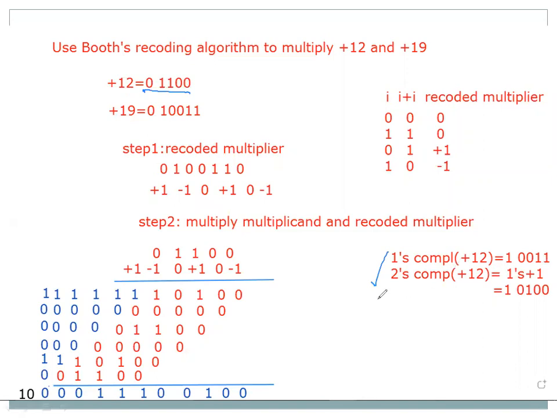In order to find the 2's complement, you add 1 to the 1's complement. So this is your 1's complement of plus 12. When we add 1 with this, you get the value 1, 0, 1, 0, 0. This is the 2's complement of your multiplicand value. So now we can perform the multiplications.